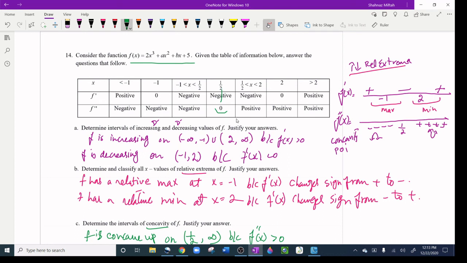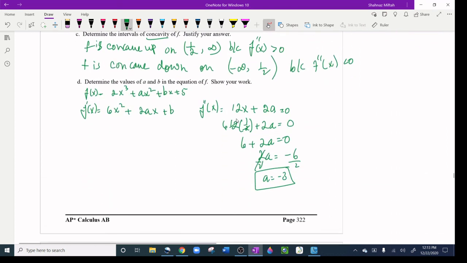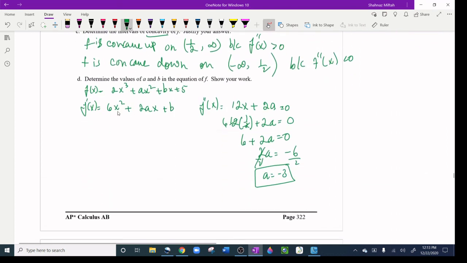But in the first derivative, even if I have x, I don't have a and b, and I can only have one missing variable. That's why I took the second derivative, which leaves a and x. If I have x, I'm good with a. Now I got a equals -3.